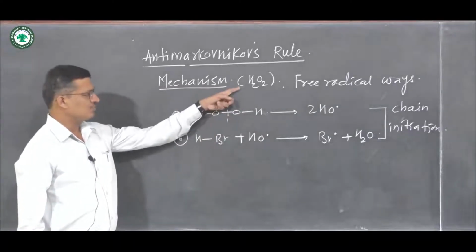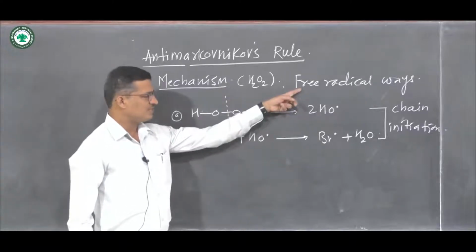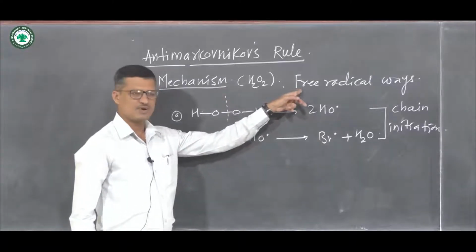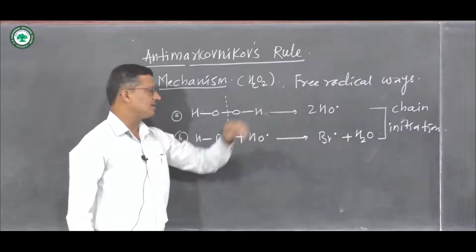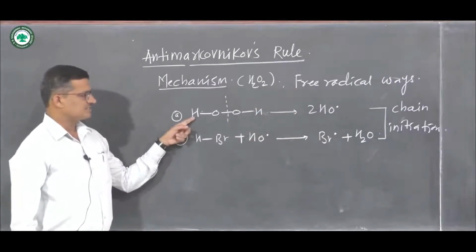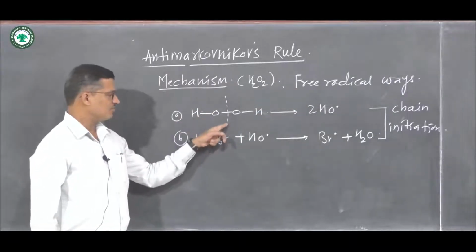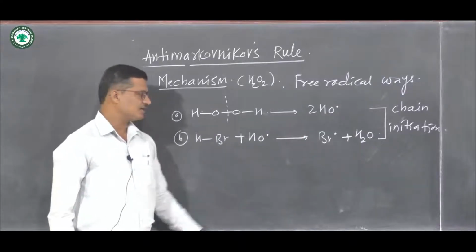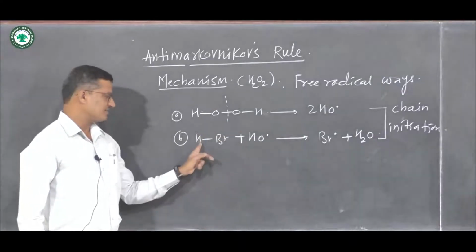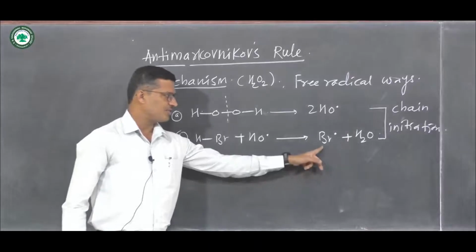So this is the first step in this mechanism, the mechanism of addition of HBr in presence of H2O2. This mechanism follows the free radical way. In the peroxide, the bond between the oxygens breaks to form the hydroxy radical. This hydroxy radical abstracts the hydrogen from HBr, and we get a Br radical.